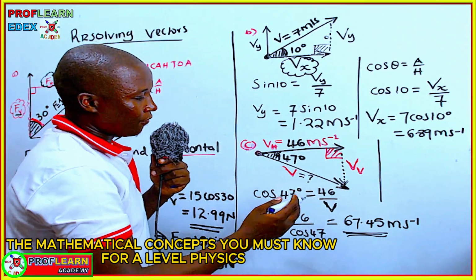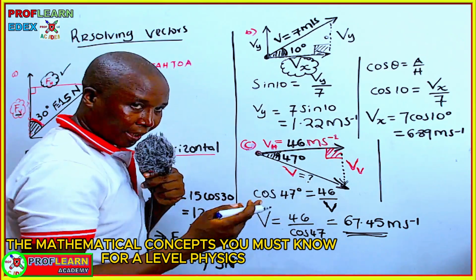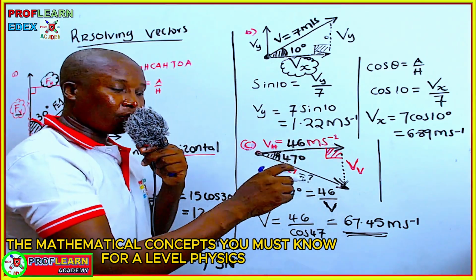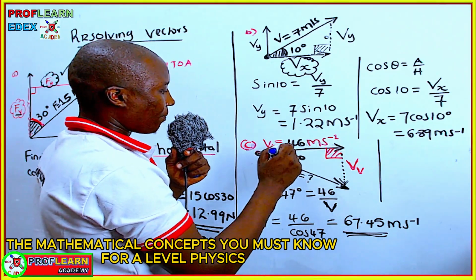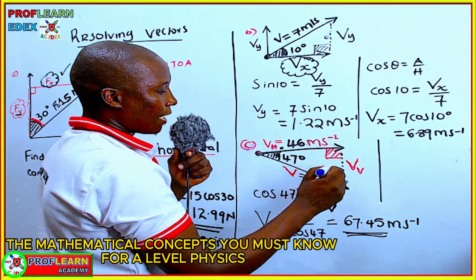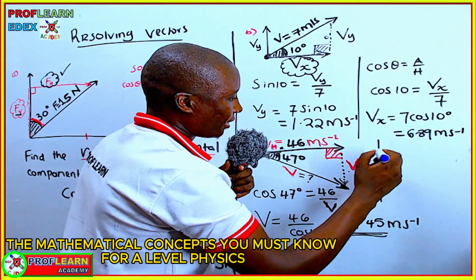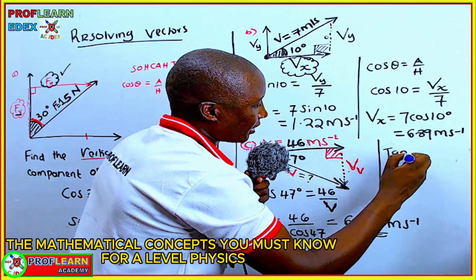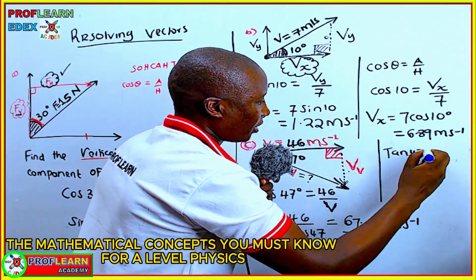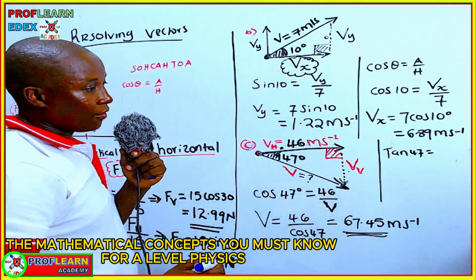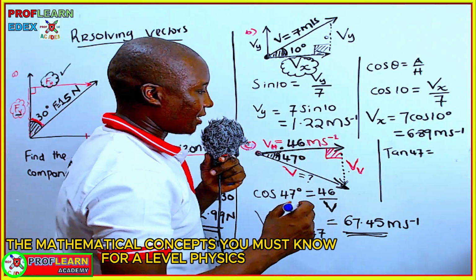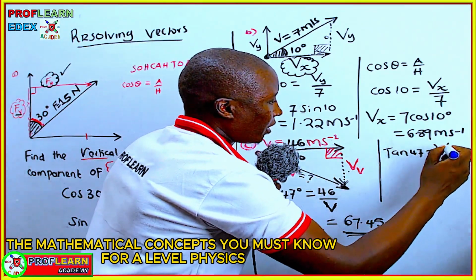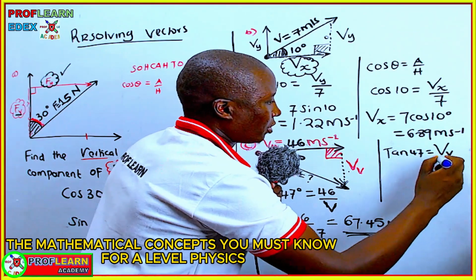So it's better, if you are not sure whether that was correct in exam, to use the one that was provided and the one that you are finding. So we can see we have adjacent and we have opposite. So that is tan. We can say tan 47 is equal to what? Tan 47 is equal to opposite over adjacent, but our opposite is V in the vertical direction.